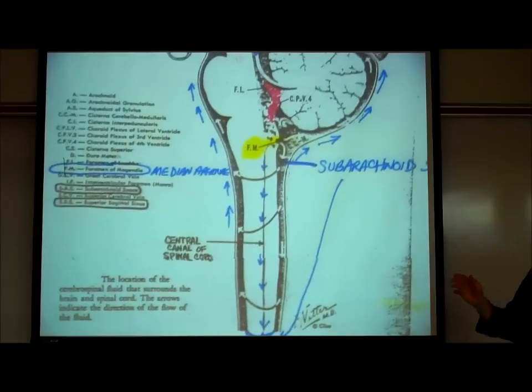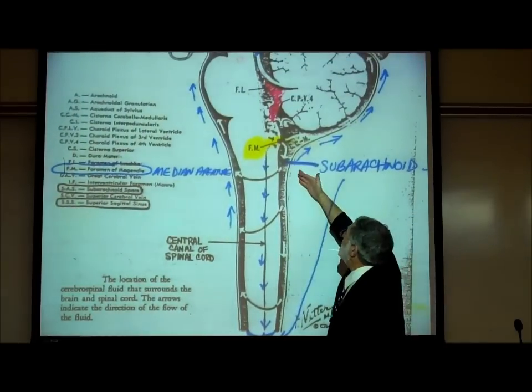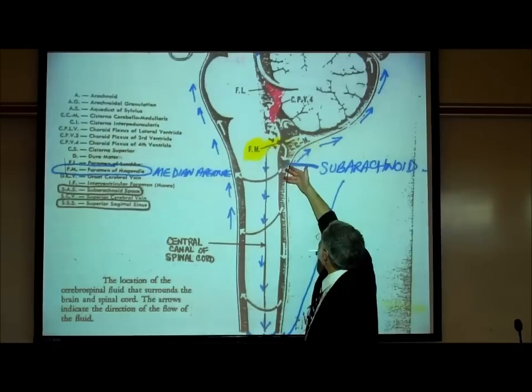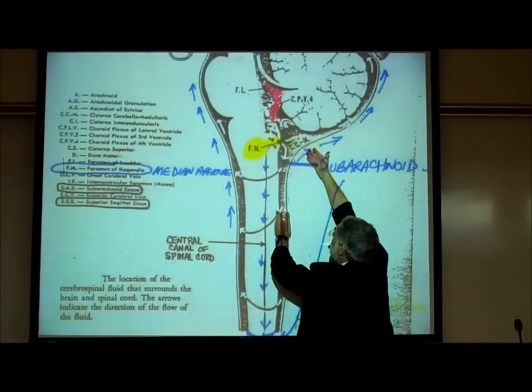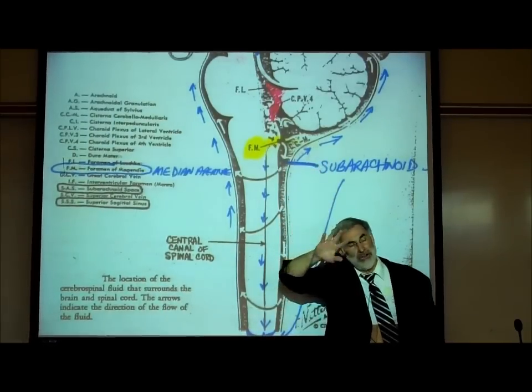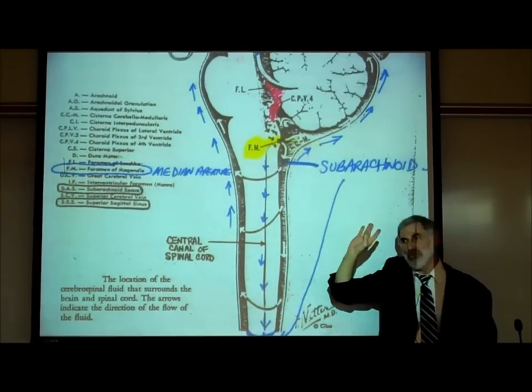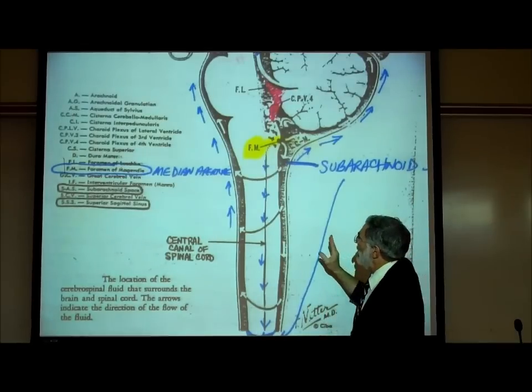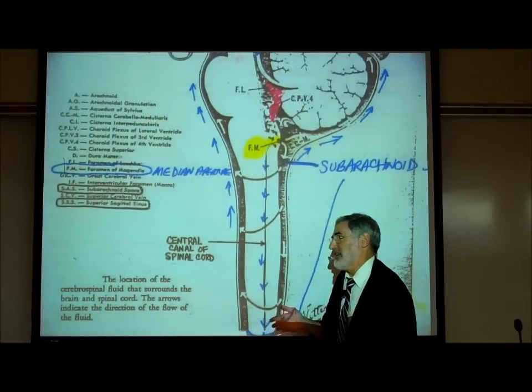Now, I said about 90%, 80-90% of the fluid exits through that hole and enters the subarachnoid space. Subarachnoid space being the space between the arachnoid membrane and the pia mater. What about that other 10% of the fluid?